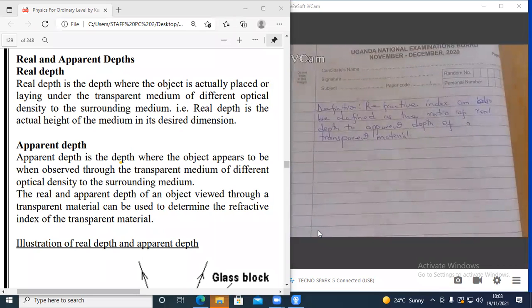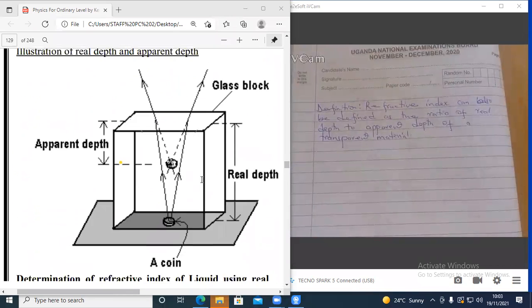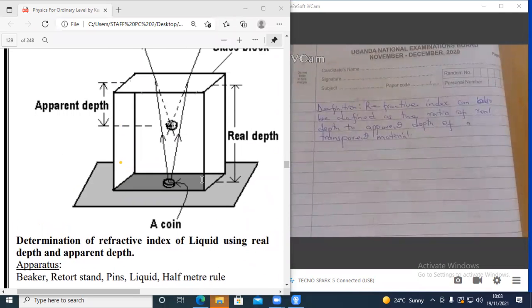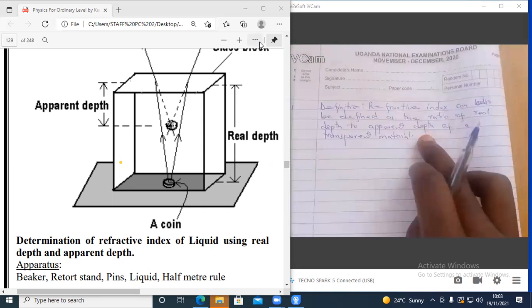So members, how many definitions do we have for refractive index now? We have now 3 definitions. One in terms of the angle, the second one in terms of speed, then another one in terms of depth, in terms of the distance.